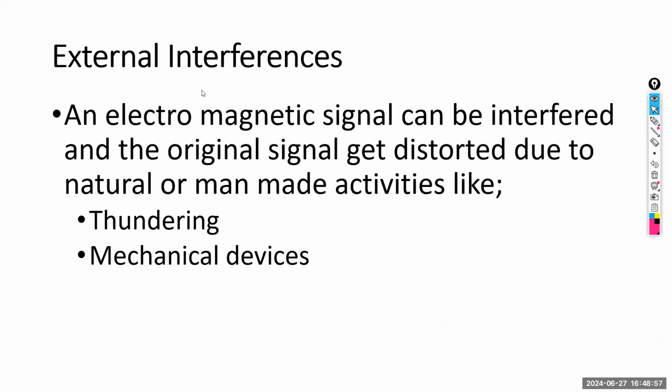Then of course there can be external interferences like thundering, mechanical devices like your vehicle, blender or something. So that can distort a signal. That is why those distortions especially affect wireless signals or signals carried through copper wire.